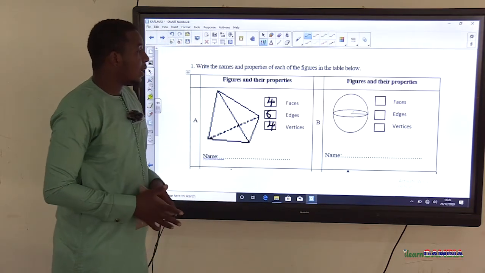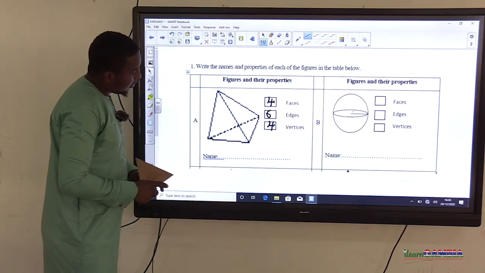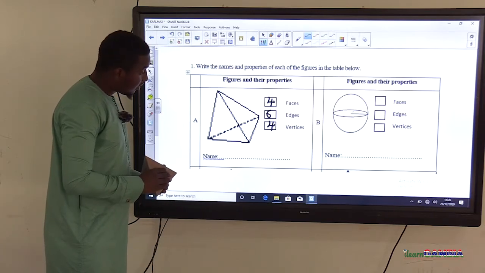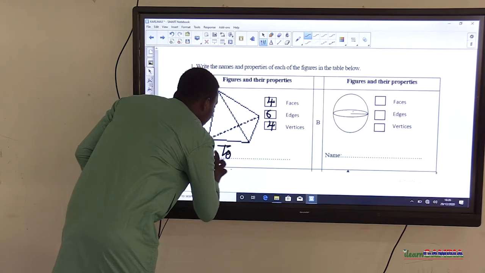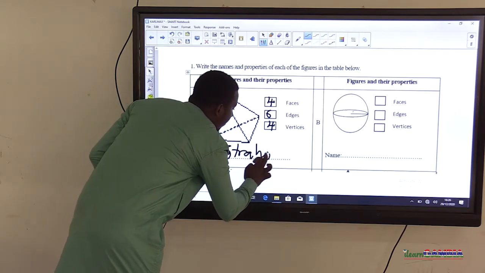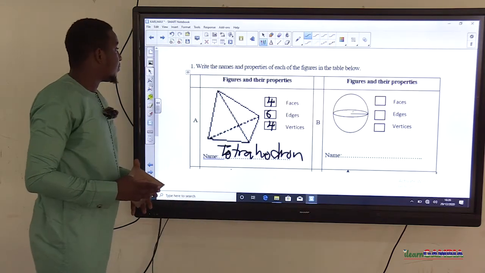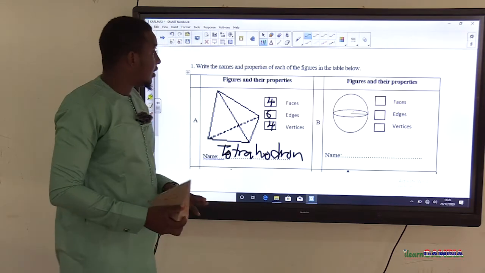From the solid shapes that we talked about today, you can see that it's a tetrahedron that has 4 faces, 6 edges, and 4 vertices. So the correct answer here is a tetrahedron. The name of the shape is a tetrahedron.